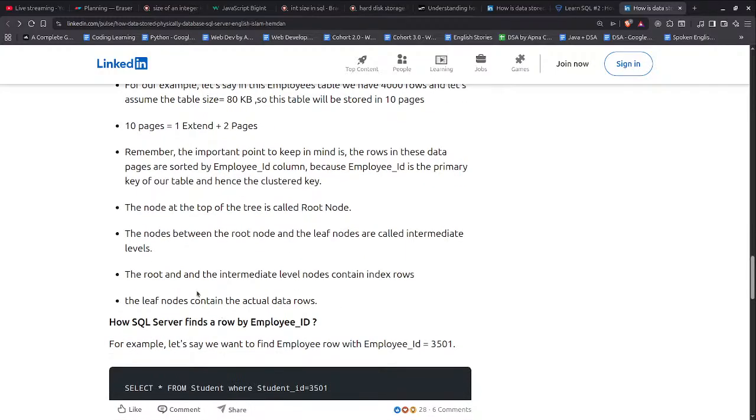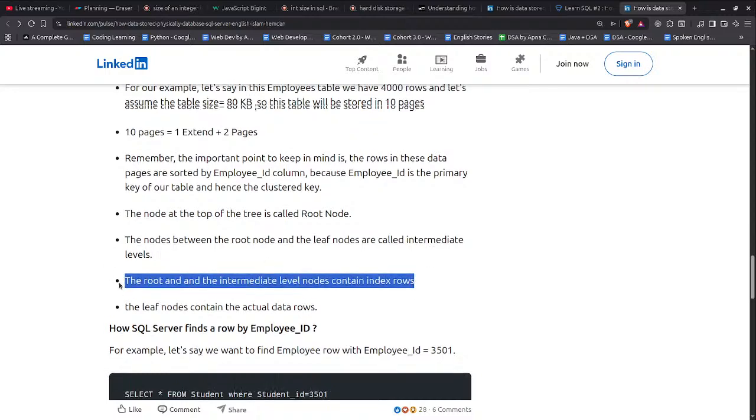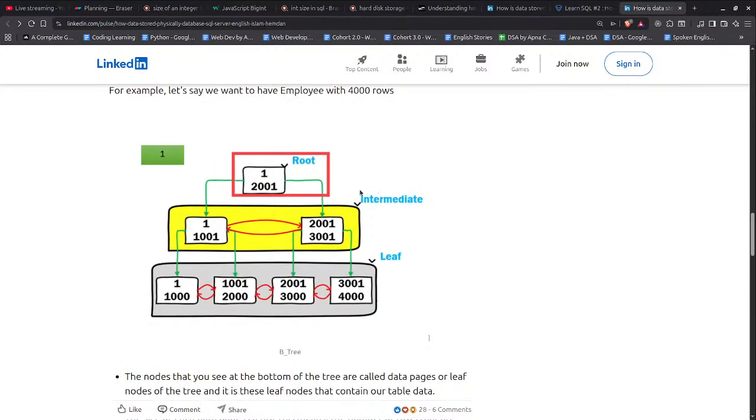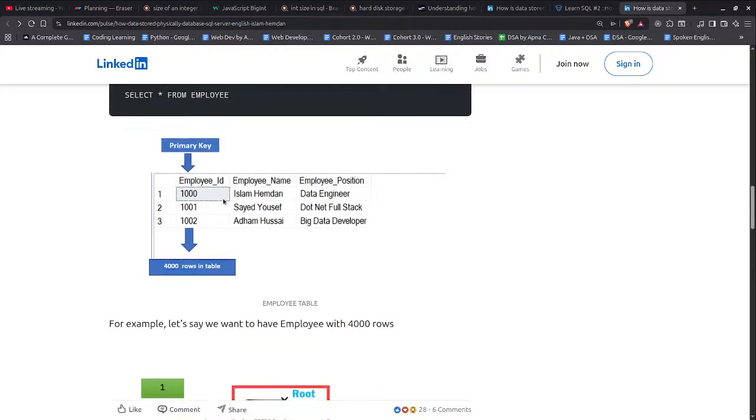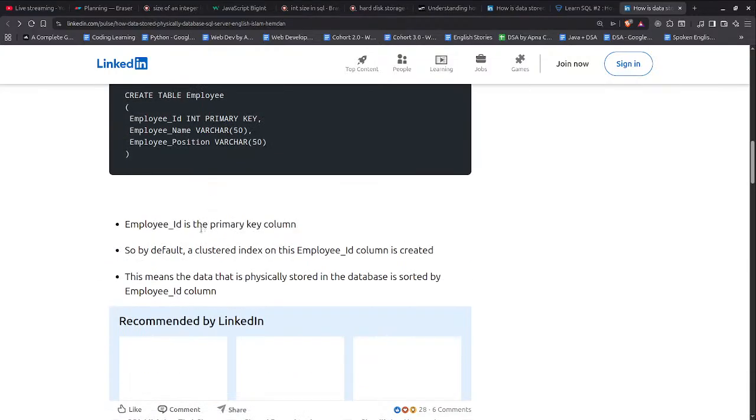The root and the intermediate level nodes contain index rows, because the ID is the primary key and that's going to be the clustered index.